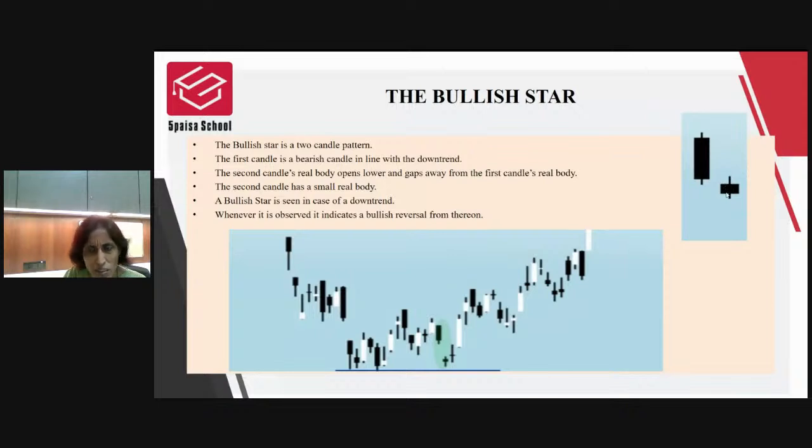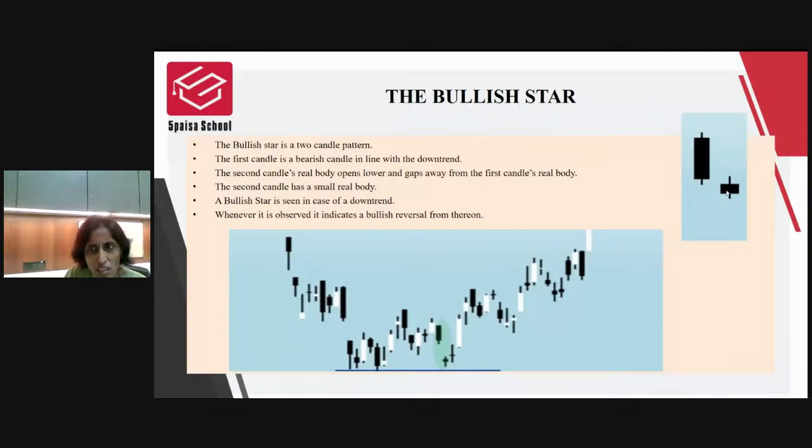The real body is usually very small, which indicates a very small variation between the opening price and the closing price. Whereas in the earlier candle the real body is big, which indicates a huge difference between the closing price and the opening price.